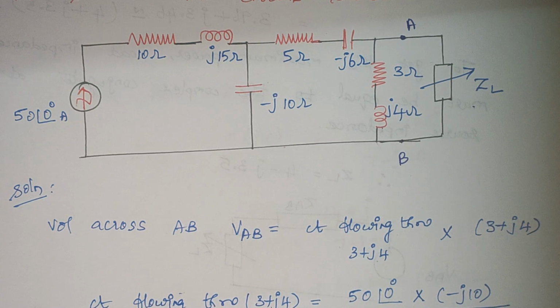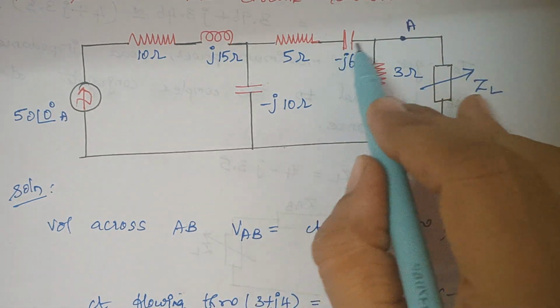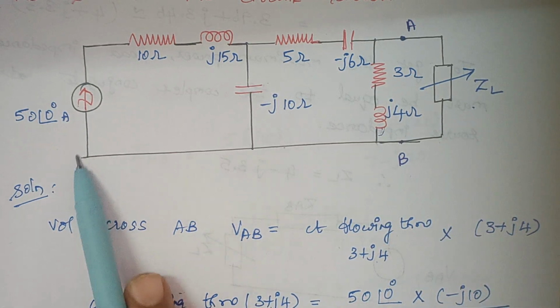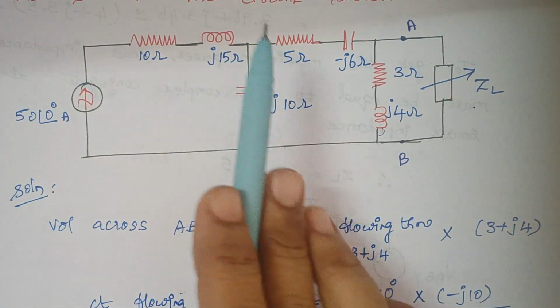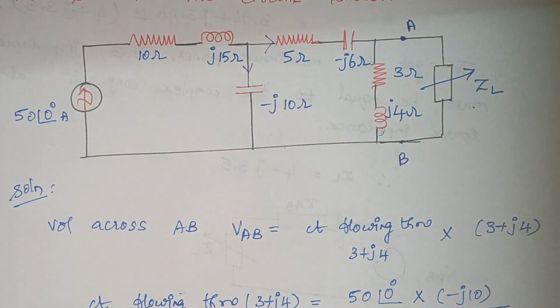Whenever we calculate the current or voltage, we should omit this ZL and assume that the circuit ends here. This is your total current, and it splits at this node into 2.